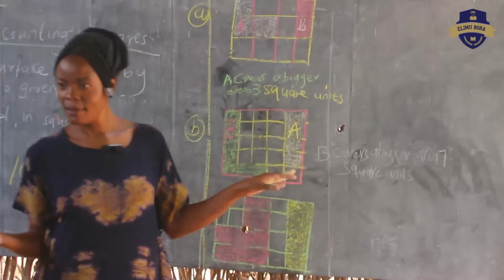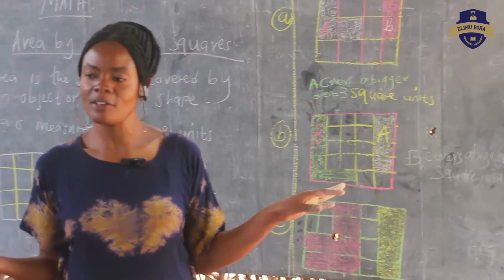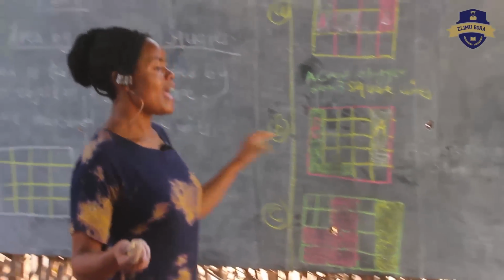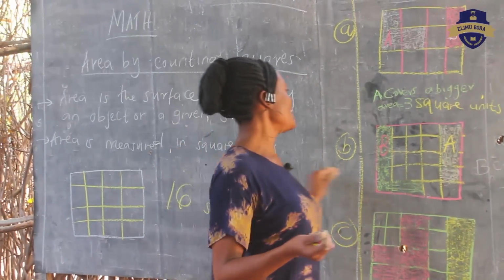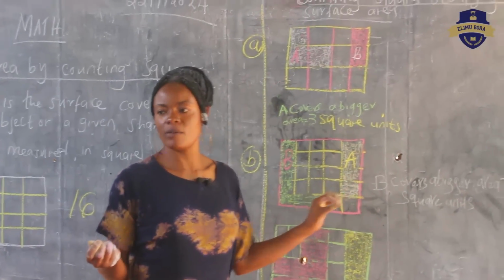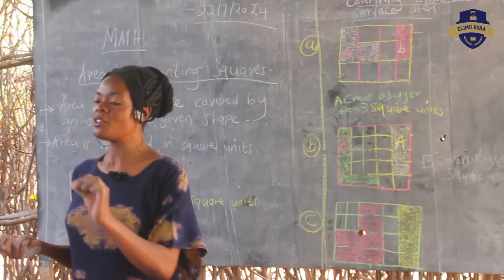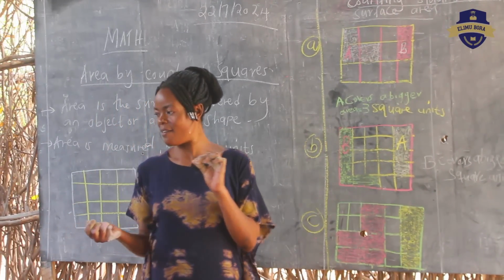Remember I told you that area is usually measured in square units. When you are giving out your answer, you should make sure that you have written square units. Have you heard?